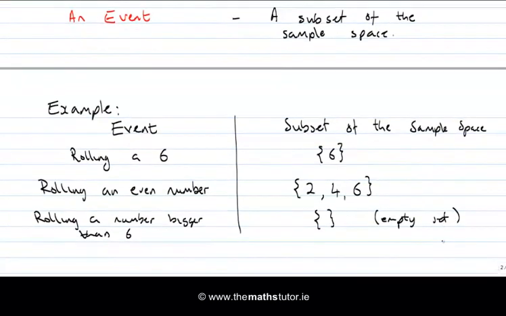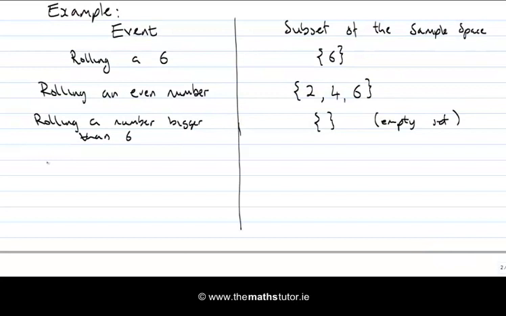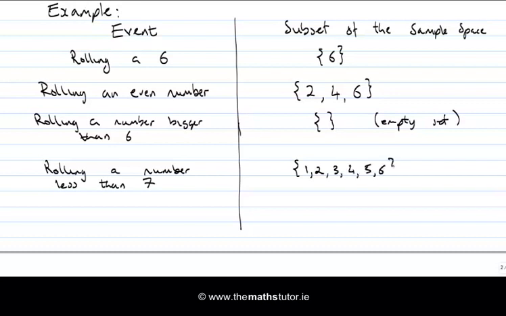Let's do a couple more. What about rolling a number less than 7? Remember, the sample space has numbers 1, 2, 3, 4, 5, and 6 in it, and all of these are less than 7. So they're all in the subset. This event here is the whole sample space.